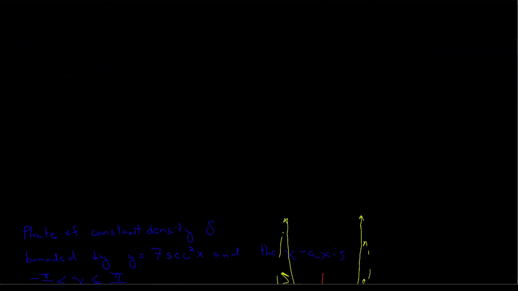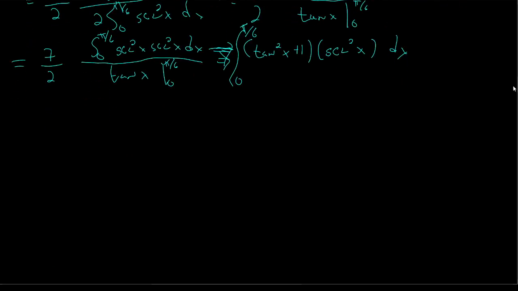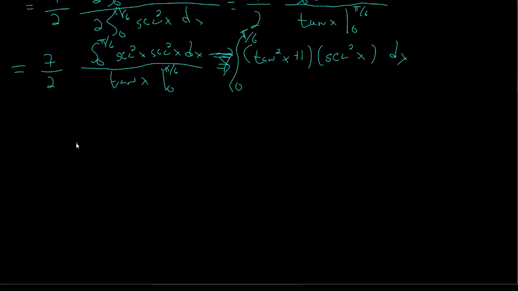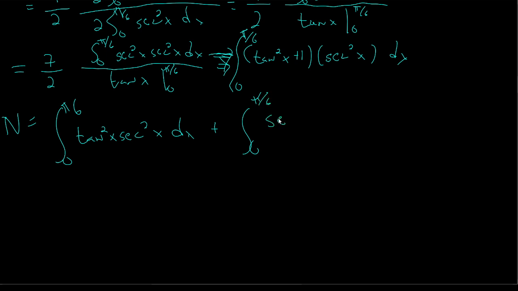Oops, scrolled the wrong way. This upstairs integral will become, again, this is just the numerator, tangent squared x times secant squared x dx plus the integral from 0 to pi over 6 of secant squared x dx.